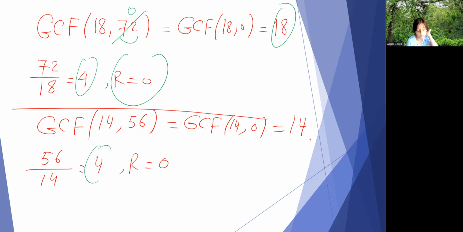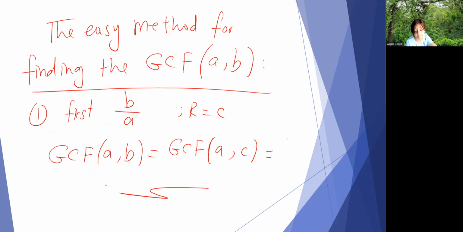The result is 4. The remainder is 0. So the greatest common factor of 14 and 56 is the same as the greatest common factor of 14 and 0, which is 14. Or we can write 56 divided by 14 is 4, the remainder is 0, so the greatest common factor of 14 and 0 is 14. We got it.